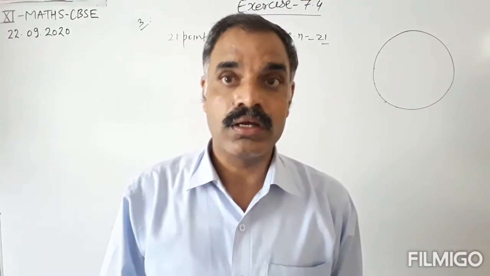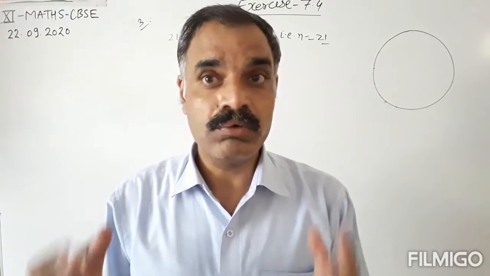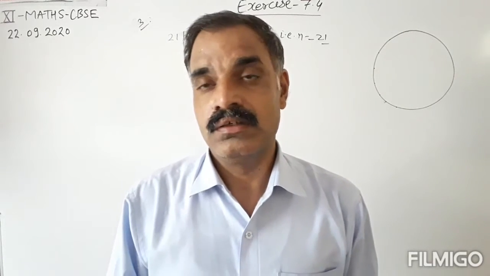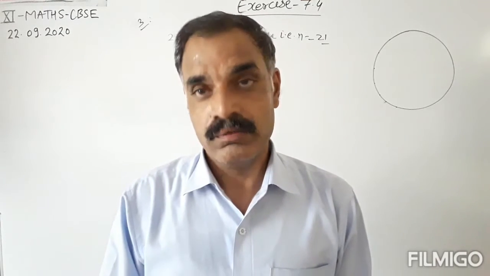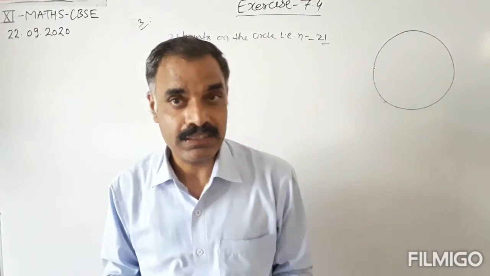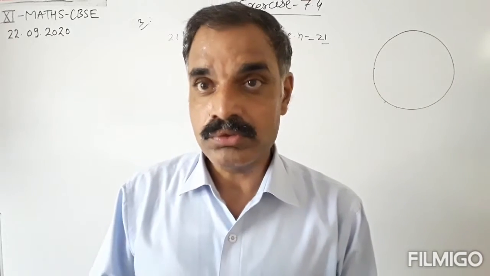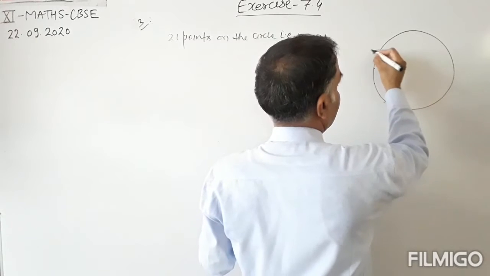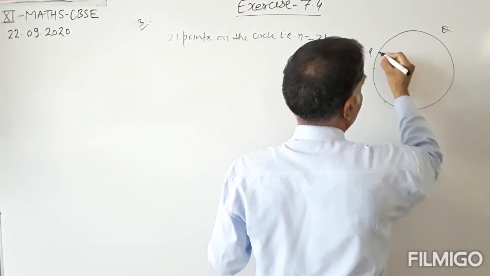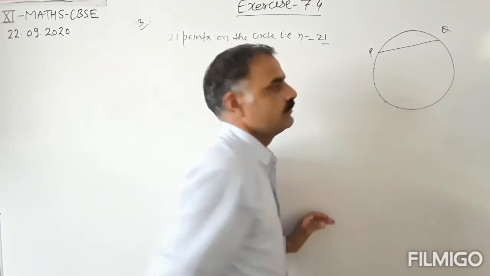And to draw the chord we require 2 points. Means we have to select 2 points out of the 21 points. Okay, is it correct? Chord means just like P and Q, joining 2 points on the circumference of the circle.